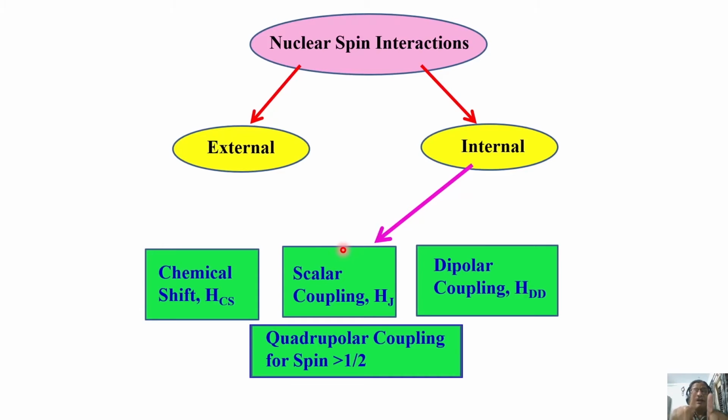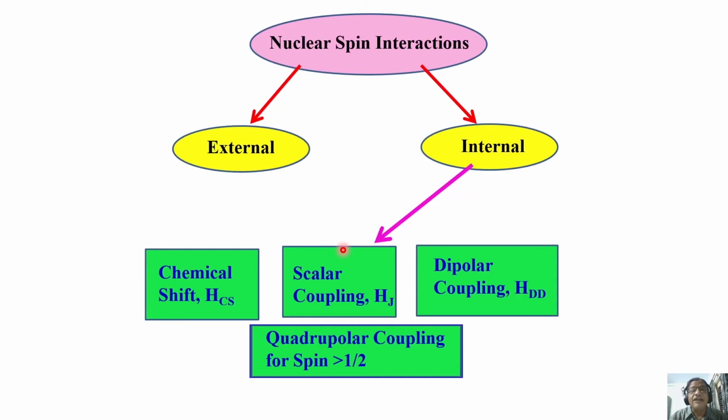But then remember, again two magnets coming close in space. There can be a direct interaction without invoking a chemical bond. This is a spatial interaction, an interaction between two nuclear spins or two magnets through space.